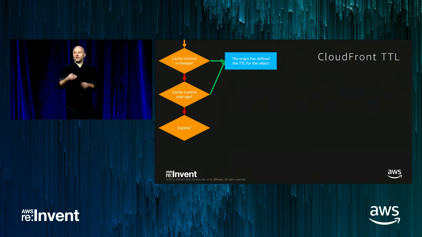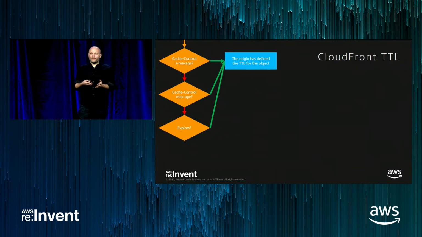Typically, it's in the future. But at that point, the cached object needs to be revalidated. So if you haven't got a Cache-Control with an s-maxage or a max-age in your response, CloudFront will then use the Expires header. Though I'd recommend that you try and use Cache-Control wherever you can in your application. It gives you a lot more functionality.